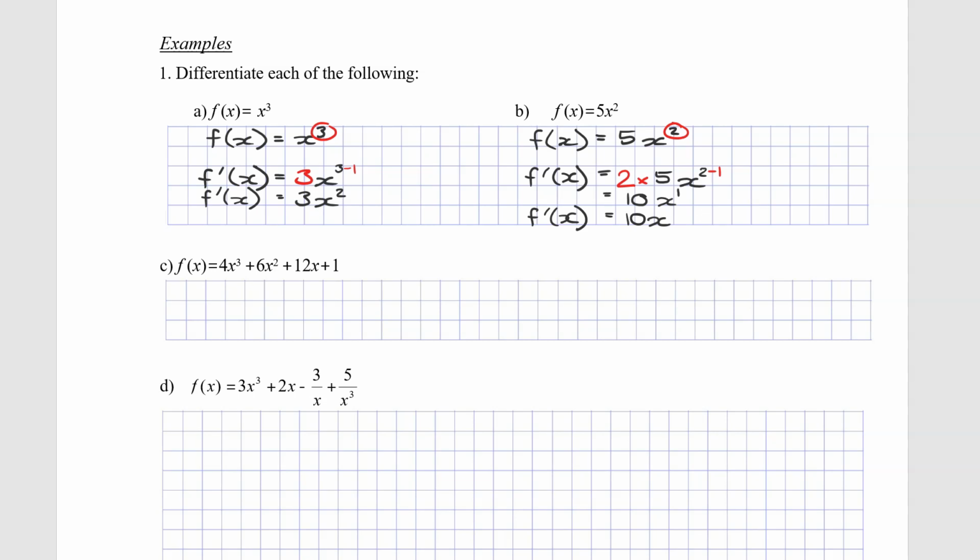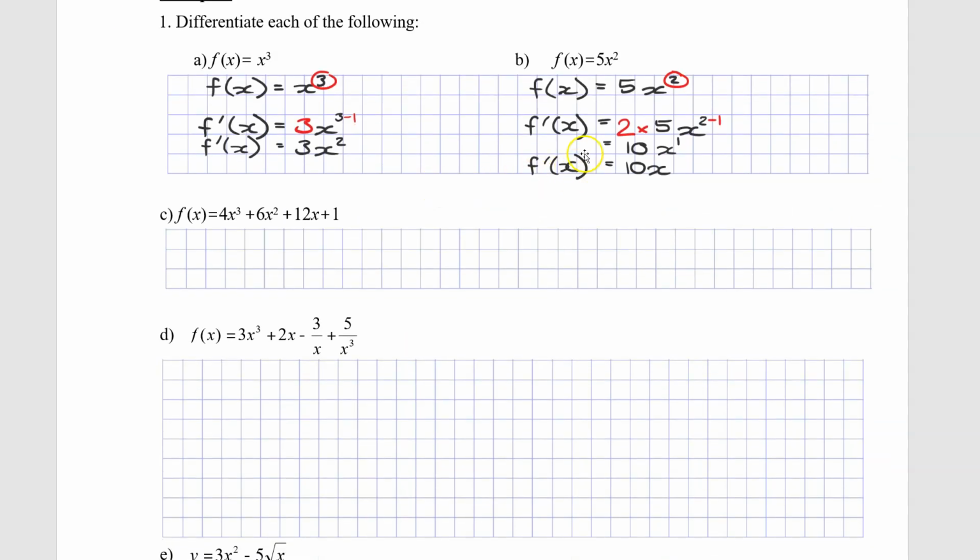Alright, going down to something a little bit more challenging. Let's say f of x is defined as 4x cubed plus 6x squared plus 12x plus 1.